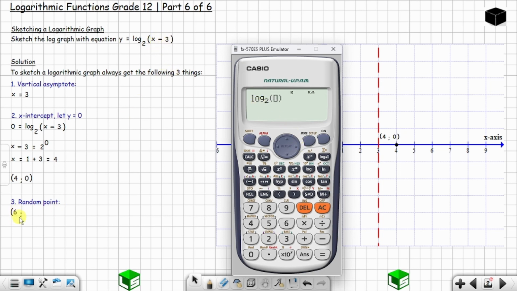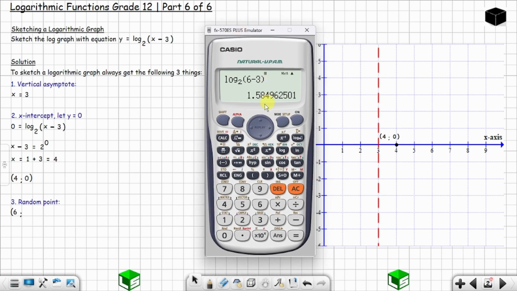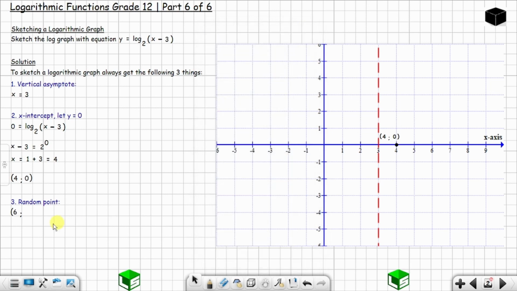So x is 6, and I'm going to have 6 minus 3. This is equal to 1.6, if you keep your answer to one decimal place. So 1.6 is the y value. You can show this on the Cartesian plane. So you have (6, 1.6).